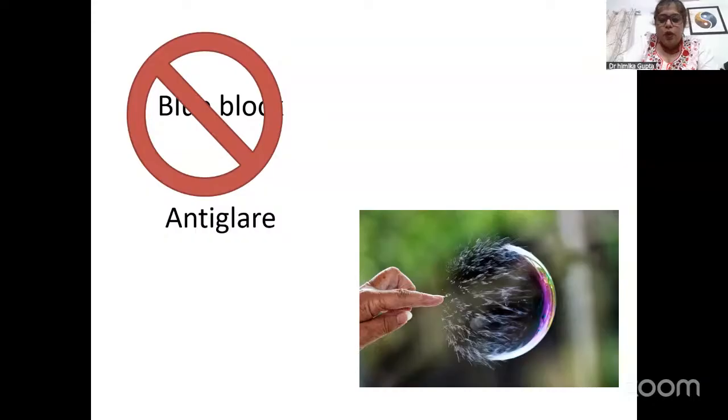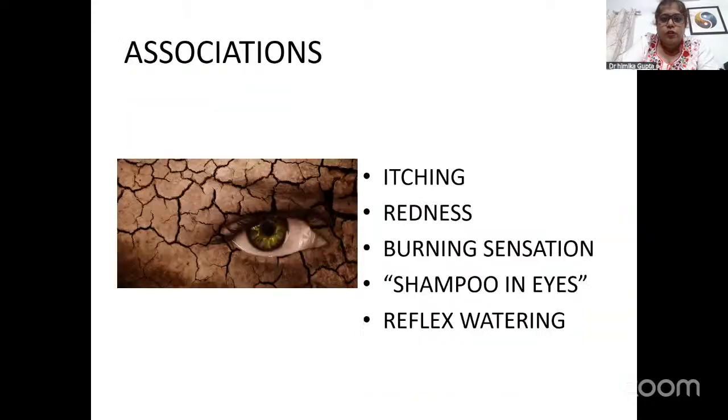But then the blue block part, remember that it's just a fad, not really of any much advantage. Anti-glare can be useful. Yes, that's a good thing. Anti-glare in adults is almost a necessity these days because all of us use screen time. Anti-glare in kids may or may not be used, but blue block in kids is of no consequence.